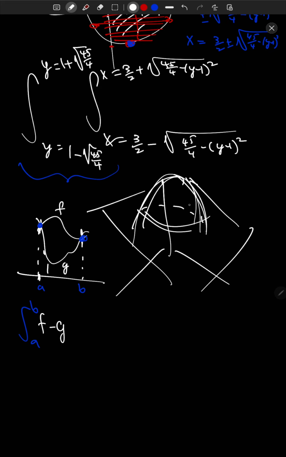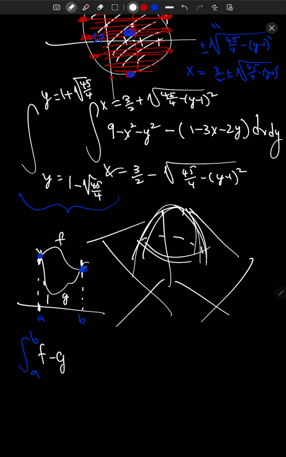The top one is the paraboloid, so its equation was 9 minus x squared minus y squared. And then the bottom one was the plane, and so we subtract that. I want to write it in terms of z, so that's z equals 1 minus 3x minus 2y. And then this was dx dy.